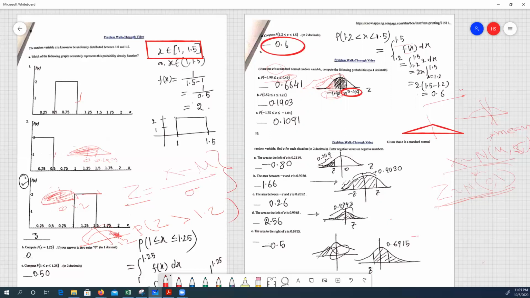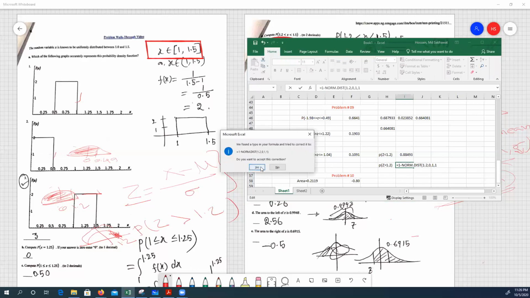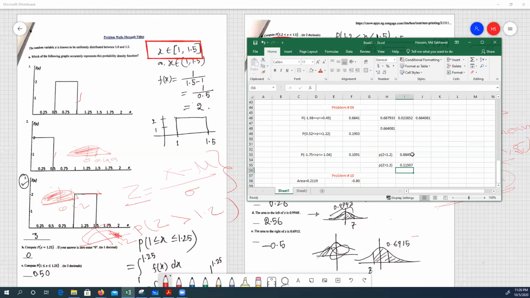So in Excel sheet, if you have greater than sign, then what you have to do, this is equal norm dist, okay, so you have to do 1 minus norm of this. So the number is 1.2, comma, mean is 0, standard deviation is 1, and cumulative. Okay. Yeah. So this is the probability. Or you can say, if you do 1 minus this, then you will have this number. Okay.